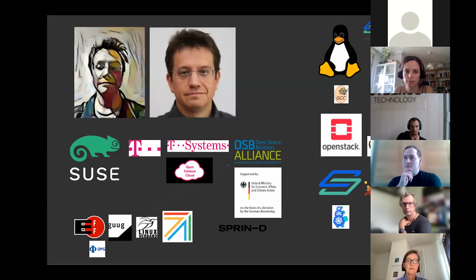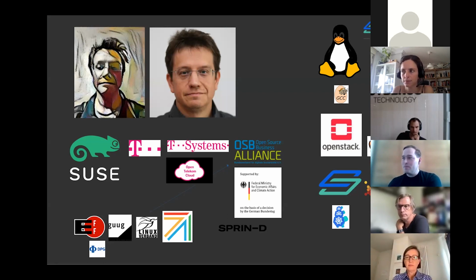I'll skip my own introduction, just a few words. I've been working on open source for all of my professional life in various companies. SUSE was the one where I spent the longest time. Maybe the most relevant thing I did was building up the Open Telekom Cloud as the chief architect, which is one of those public clouds in Europe that claims to be the largest.